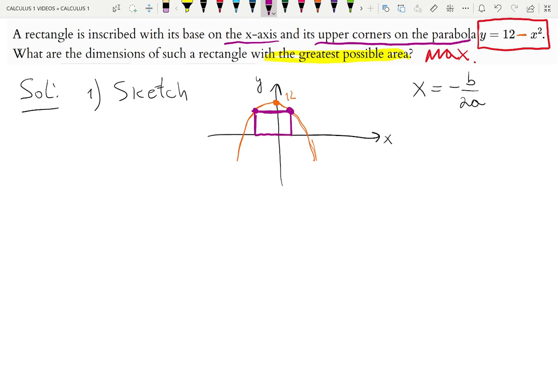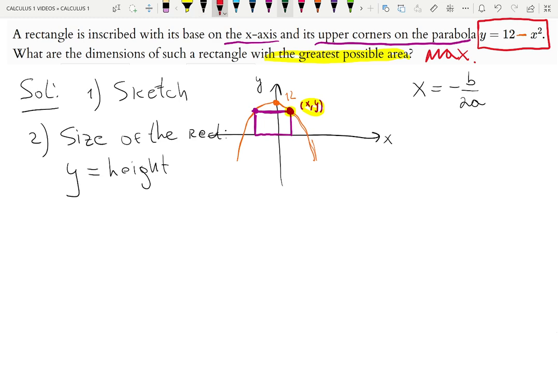And let me call this point that is on the parabola x, y. So if you see the point in the first quadrant as x, y, the point where the parabola intersects the rectangle, then you can say that for the size of the rectangle, or basically the dimensions, y is the height.